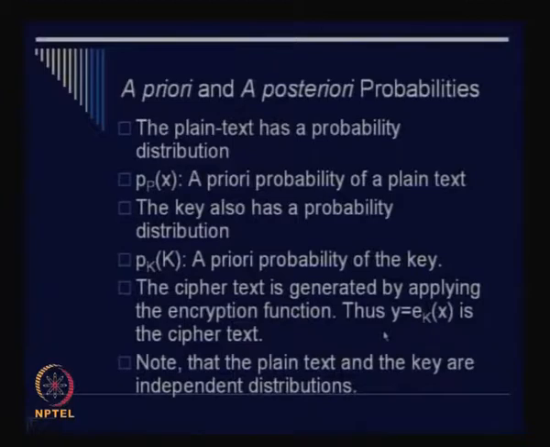If we denote the plain text by x, and there is an encryption function e, then based upon the value of the key, x is transformed into y. What we note here is that both probability distributions, the plain text and the key, are independent, because when we choose the key, in general we do not think about the value of the plain text.